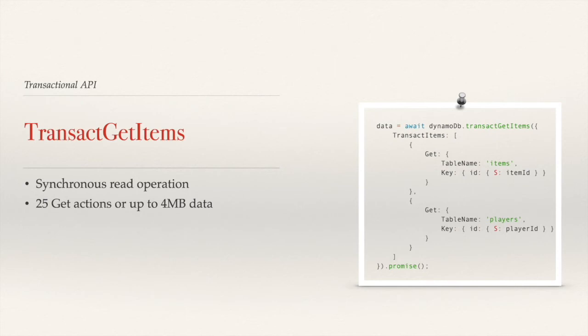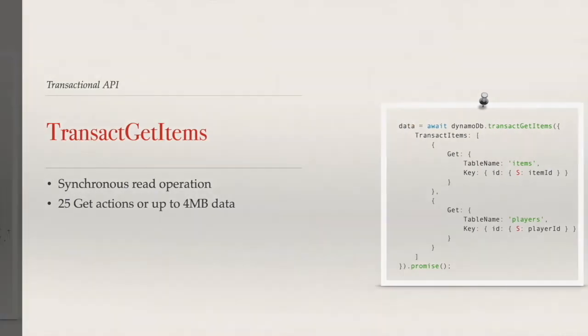This is the Node.js example of TransactGetItems, and you can have a TransactItems array. In this array you can have multiple get requests, so from the same table or different tables you can have up to 25 get methods to retrieve data.